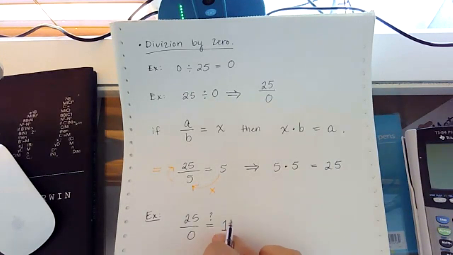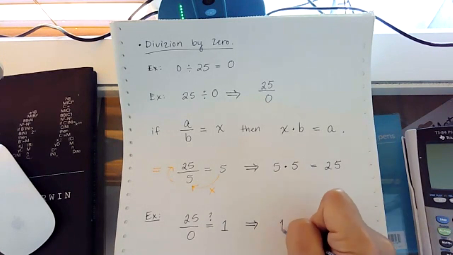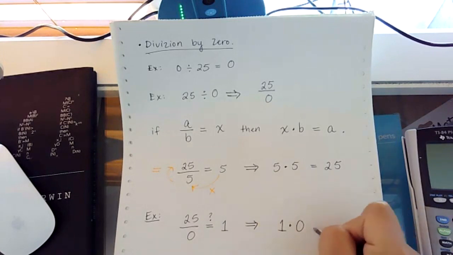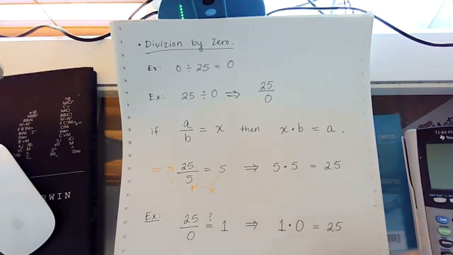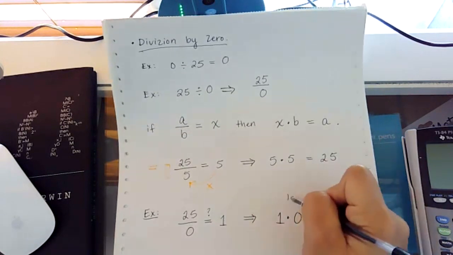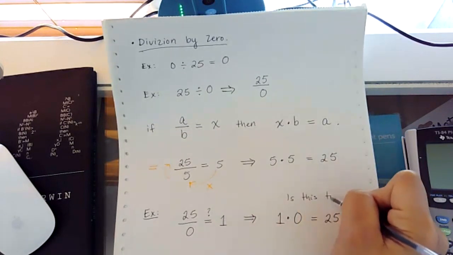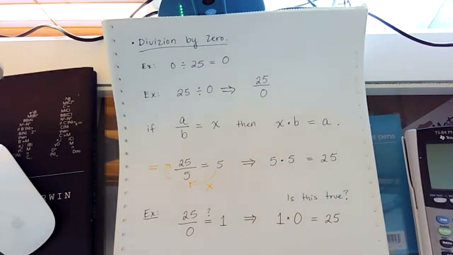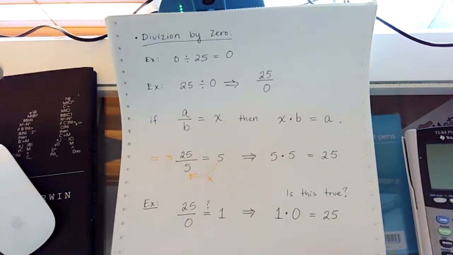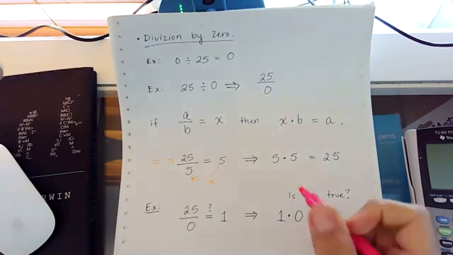If it equals 1, then that implies that 1 times 0 is equal to 25. But is this true? Well, that's definitely not true. 1 times 0 is going to be 0. So we have a problem here.